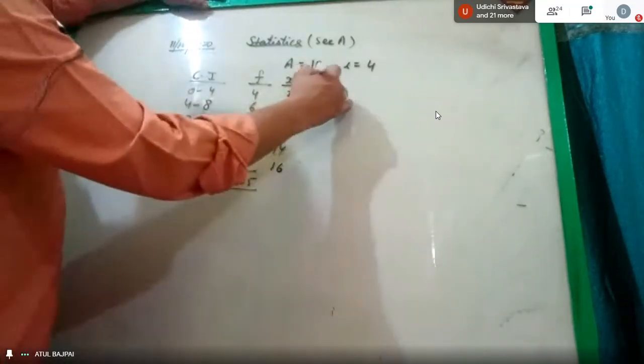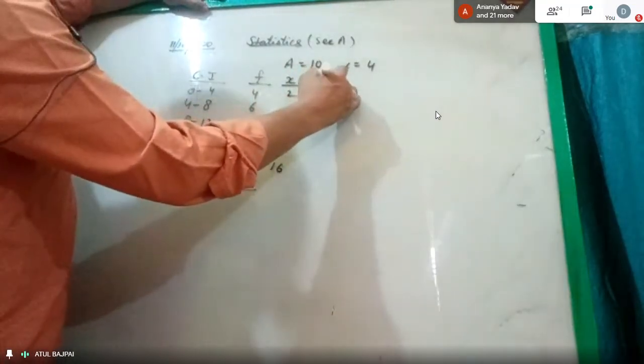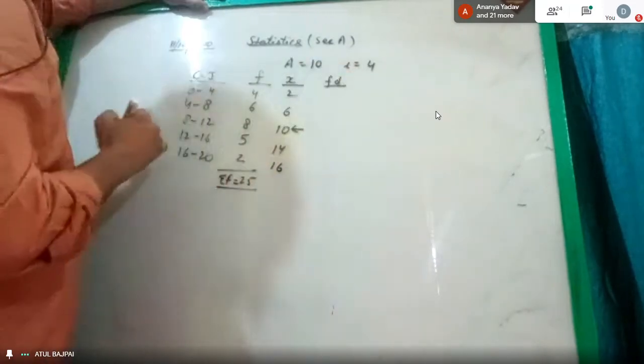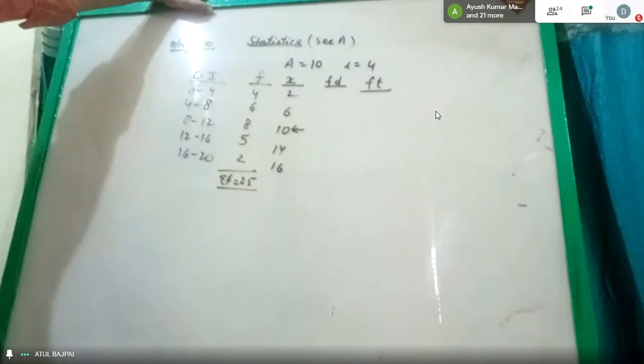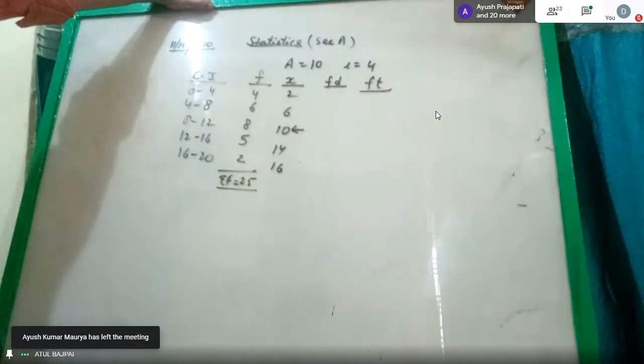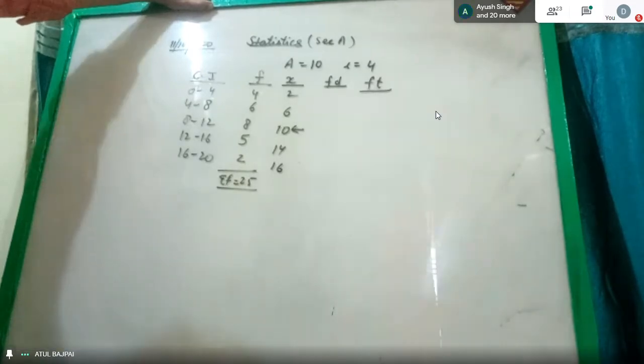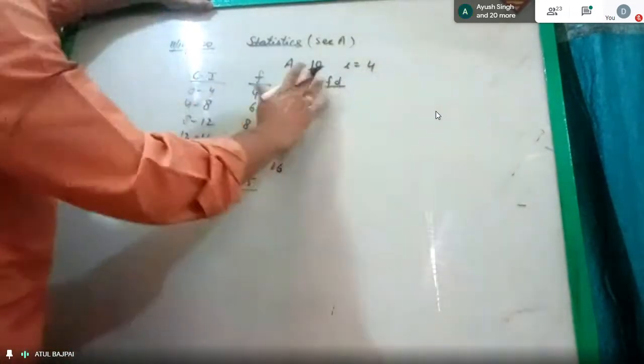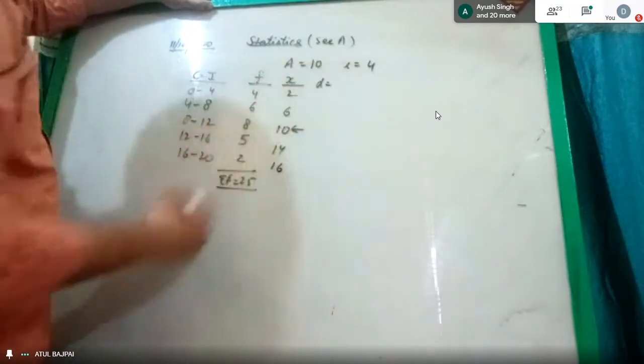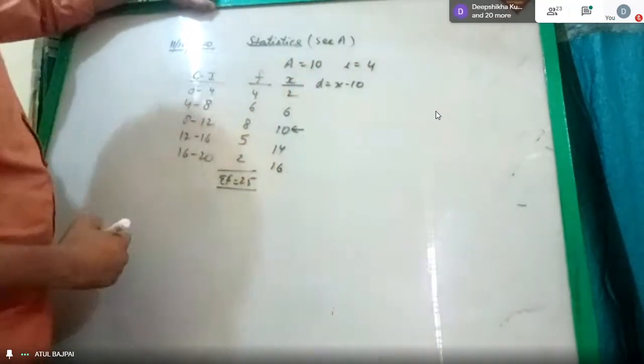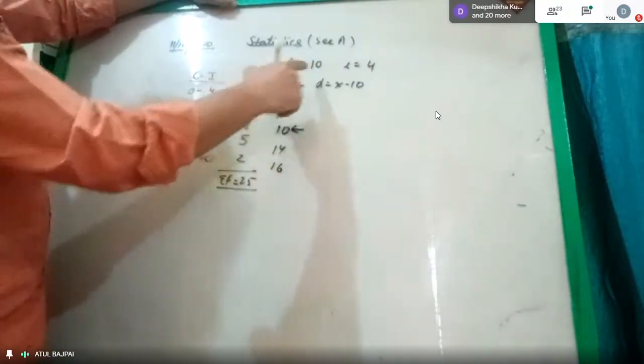Now, going by the assumed mean, either go by the fd method or the ft method. Which method do you want to try? fd. Okay, what is d in this case? x minus 10. 2 minus 10, how much?